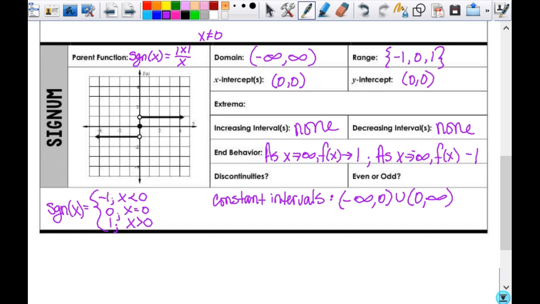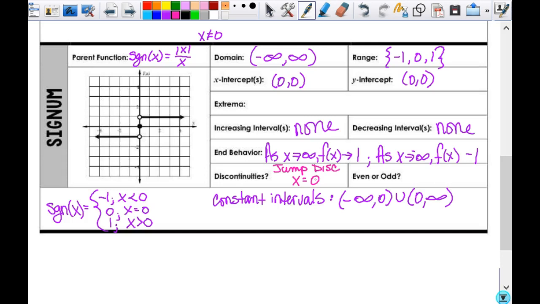So are there any discontinuities? Yes. What kind? Jump. So there's a jump discontinuity. Where? At x equals 0, right? Remember, that's always just an x value there. Is it even, odd, or neither?